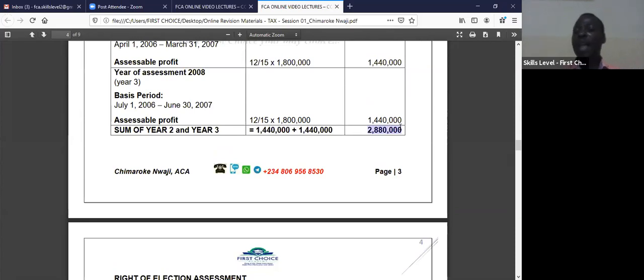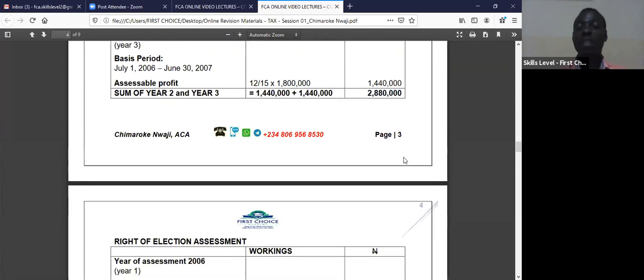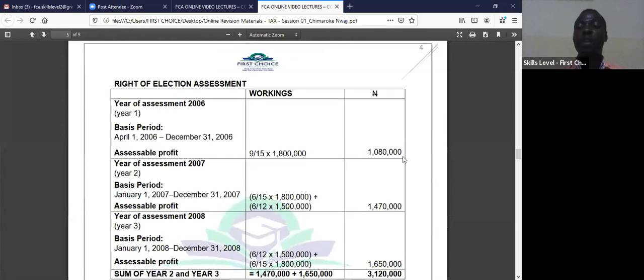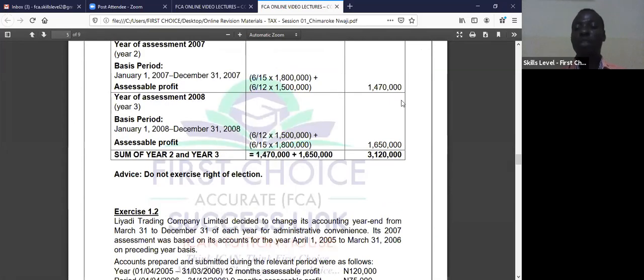If you are given the option of which of these two bases to use to assess yourself to tax, common sense will tell you that you don't want to pay more tax. You will prefer to pay 2,880,000 for these 2 years than to pay 3,120,000 for these 2 years.